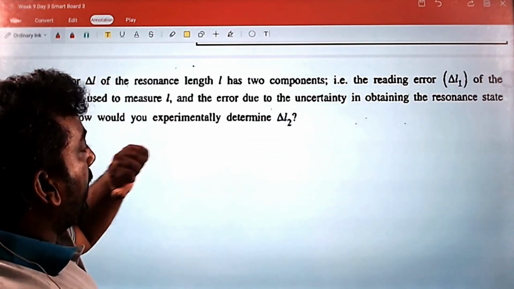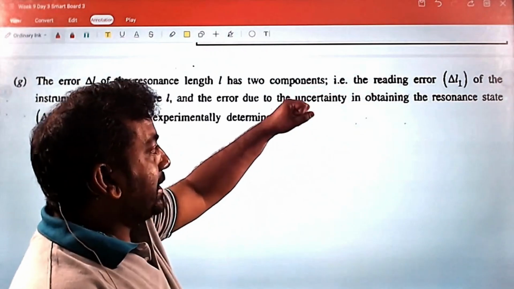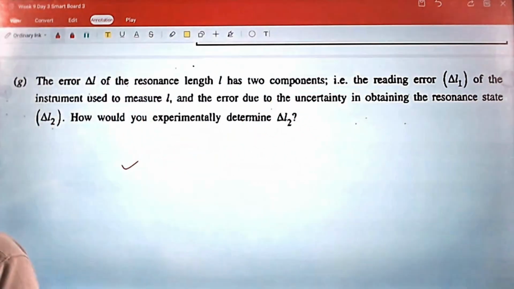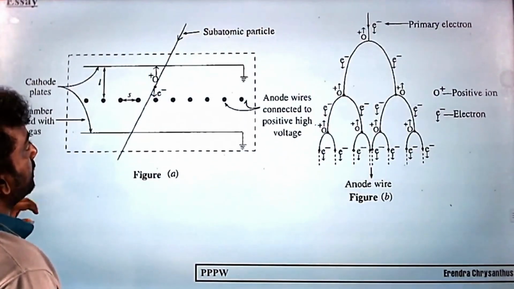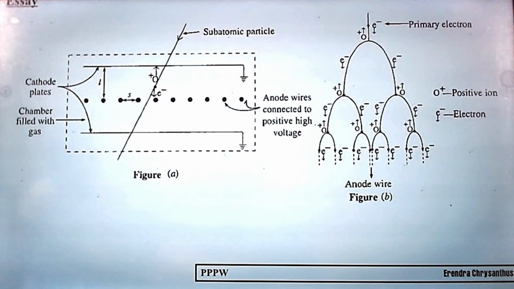From this we can find the uncertainty of the resonance state.